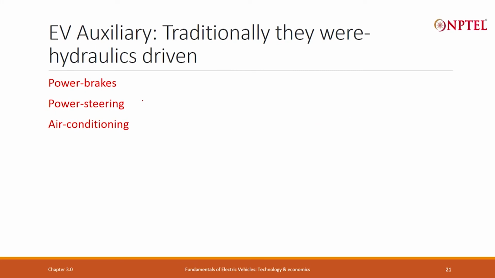There are 3 other units I have been talking about: power brakes, power steering, and air conditioning. Generally, all these 3 used to use hydraulics and mechanical. It used to be from fuel, the engine is driven, that will generate mechanical energy, and using hydraulics it will control brakes, steering, and air conditioning.